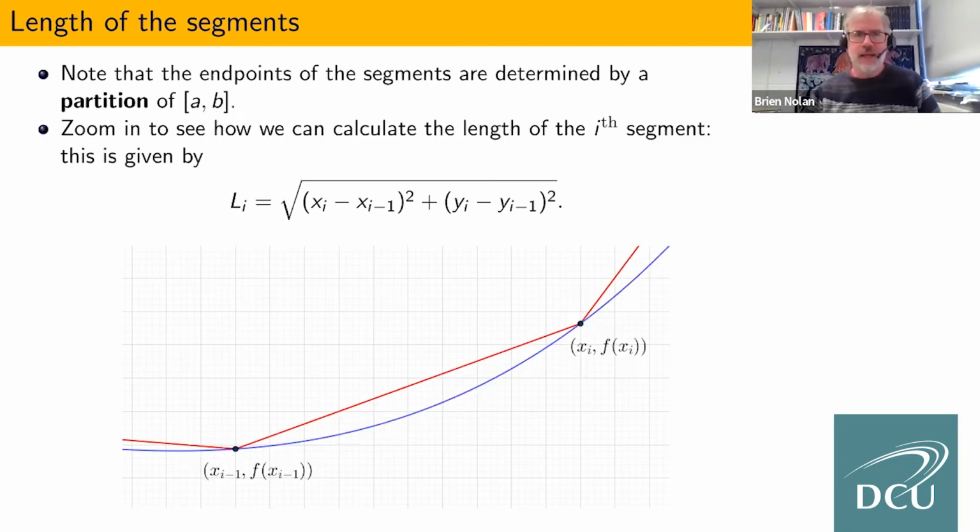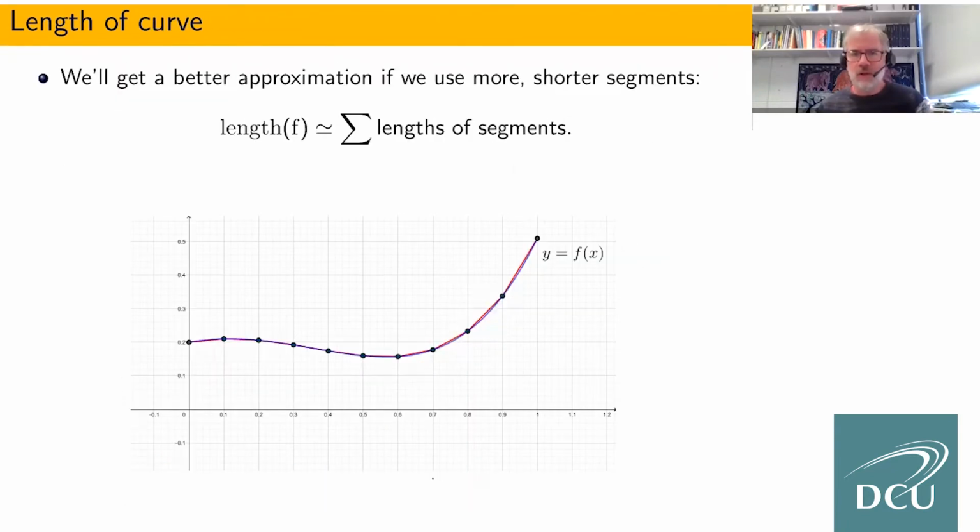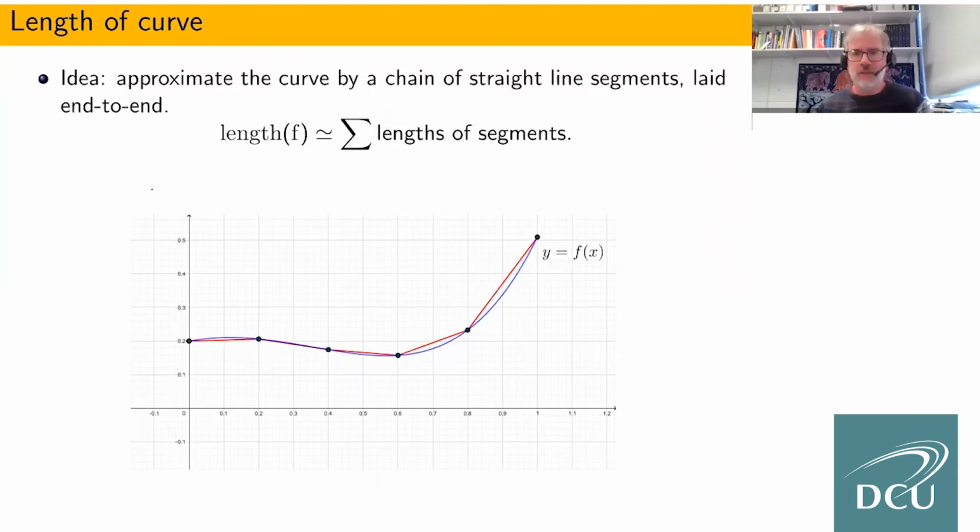But let's think now about where these segments are coming from. Well, you can see how I got them. I picked points along the curve and then just joined them with straight lines. But in the background, what those points are doing is giving me a partition.